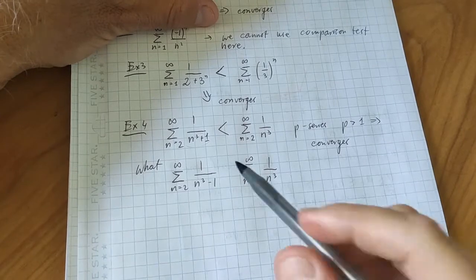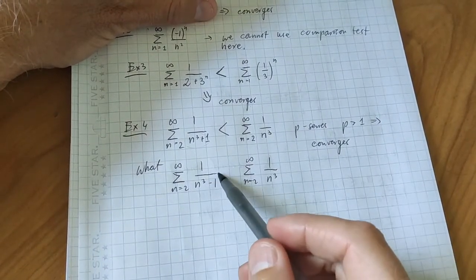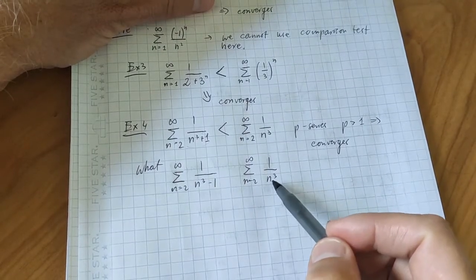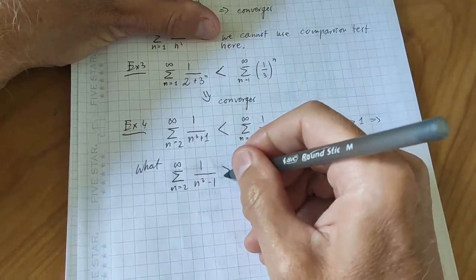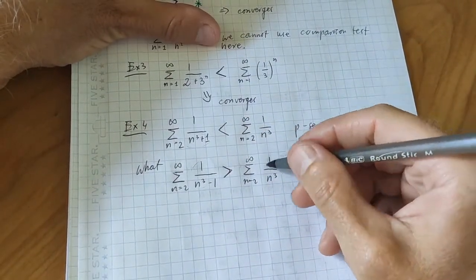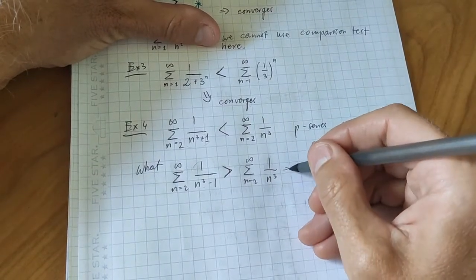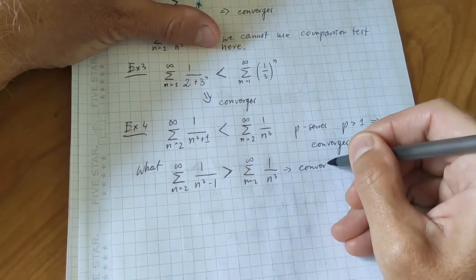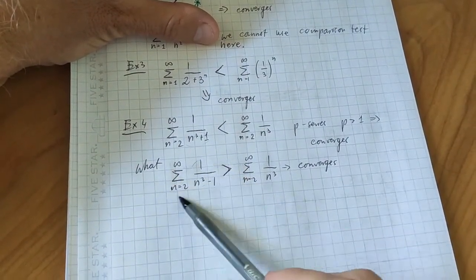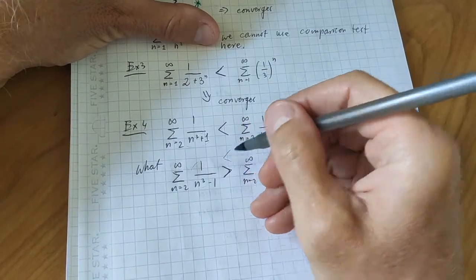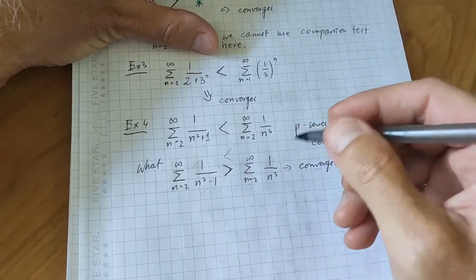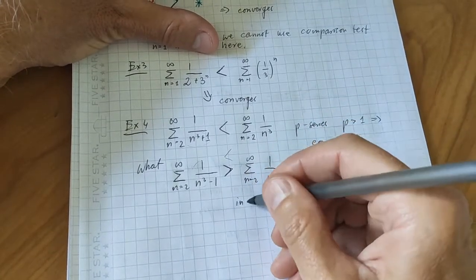But now I have a problem, because these denominators will be smaller than these. So this one on the left will actually be larger. And I know that this one converges. But in order to conclude that this one also converges, I would have to have this sign this way. So we're going to write we cannot tell, or inconclusive.